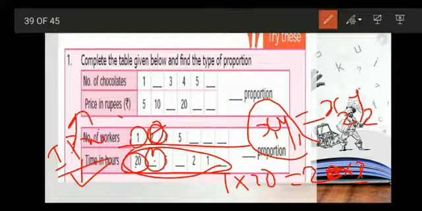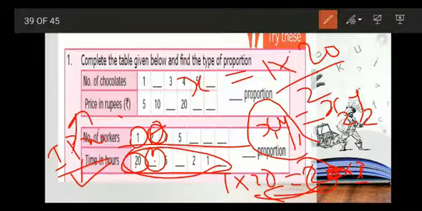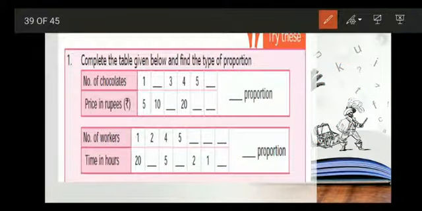Okay, this is 2, right? 2 into x. So to find out x, we have to take this 2 to other side. Here 2 is in multiplication. When you take this to other side, it will go in division. So 1 into 20 by 2. 1 2 is 2, 10 2s are 20, right? So for 2 workers it will take 10 hours.